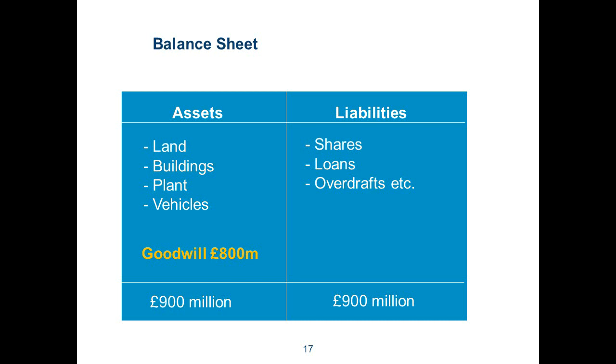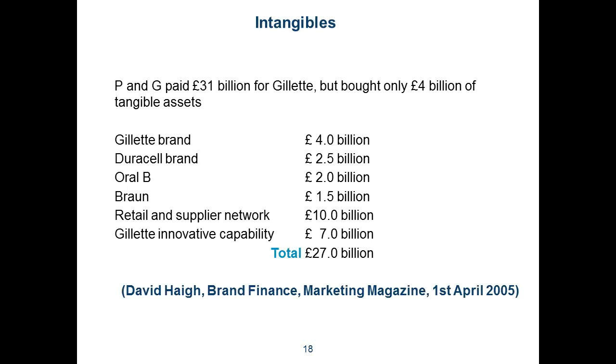Now yes, of course, I know and understand the international financial rules, having been chairman of a global brand valuation company, but the point I'm making here is that tangible assets in most organizations rarely represent the real value of the company, which resides in brands, relationships with customers and the like, which generally speaking do not appear on the balance sheet. One of the best examples of this is shown in this slide.